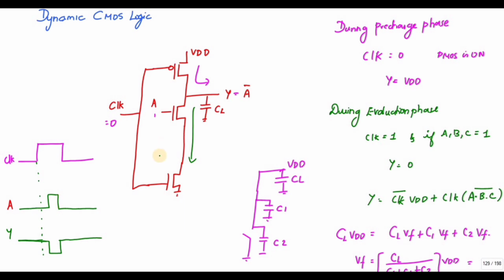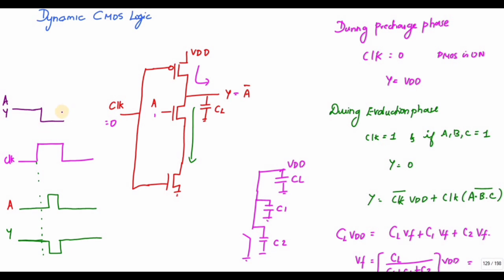But if you see, whenever the clock is 0, the output is 1. After that, since A is 0, the NMOS will not be active, so it will remain at 1. Only when A goes to 1 will it conduct, so my output goes to 0 and it will remain 0 until the end of the evaluation phase.